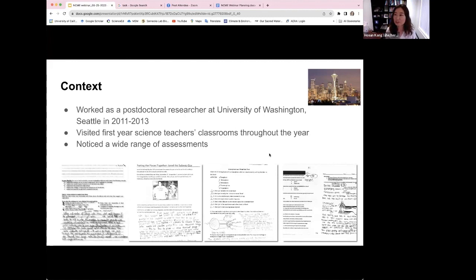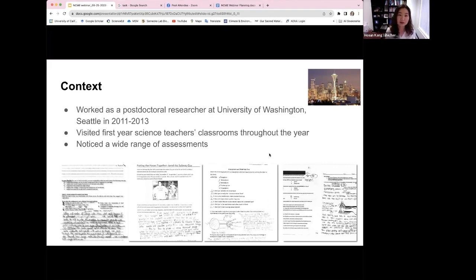So I had this luxury of visiting many science teachers' classrooms and observing what was going on in their classrooms. And one thing that really stood out to me while visiting so many science teachers' classrooms: they are using a wide range of assessment, even though they are using the same curriculum.